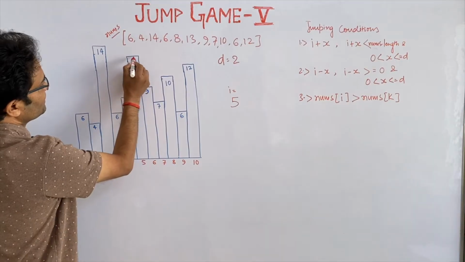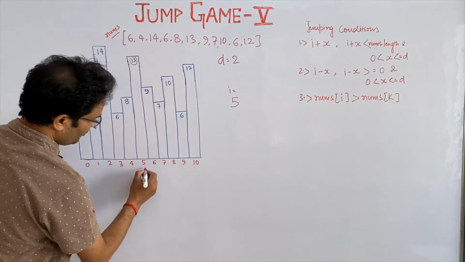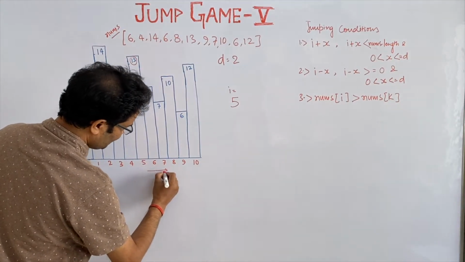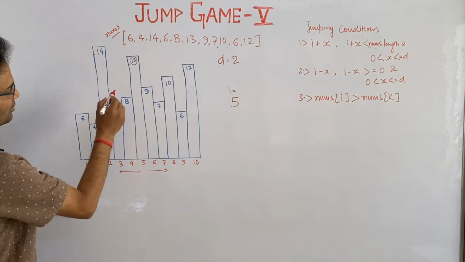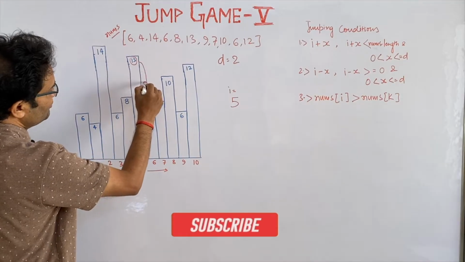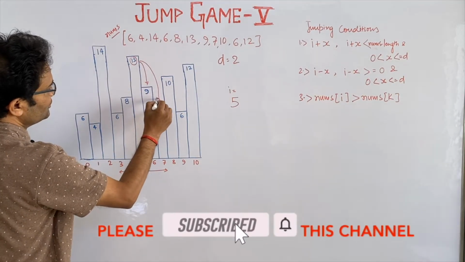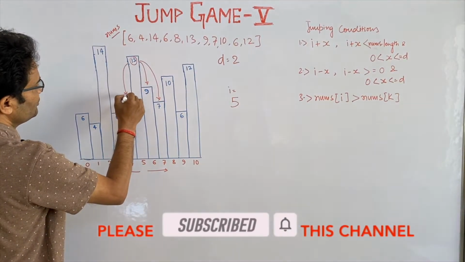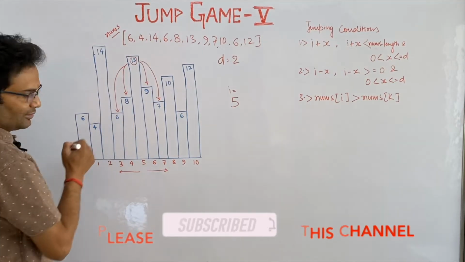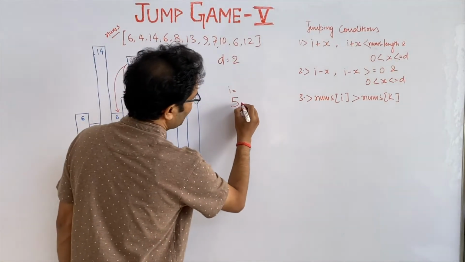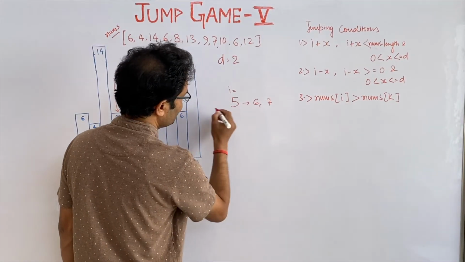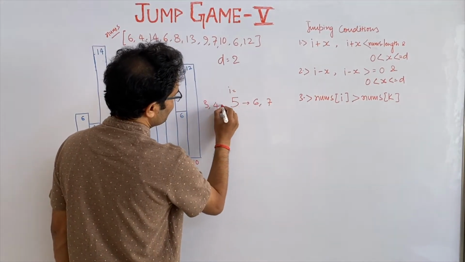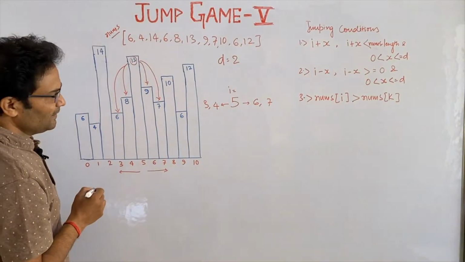So from 5, two steps means 6 and 7, and on this side also 4 and 3. So you can jump to this building, this building, and also these buildings. From 5 you can go to 6 and 7, and in this case 3 and 4, right?